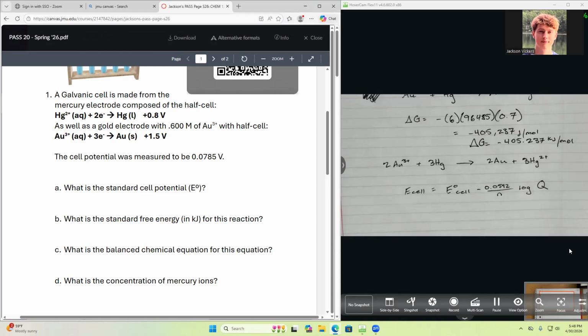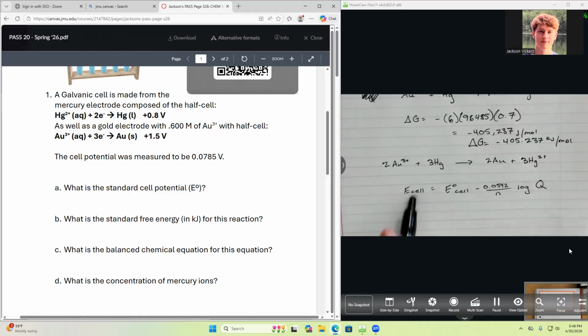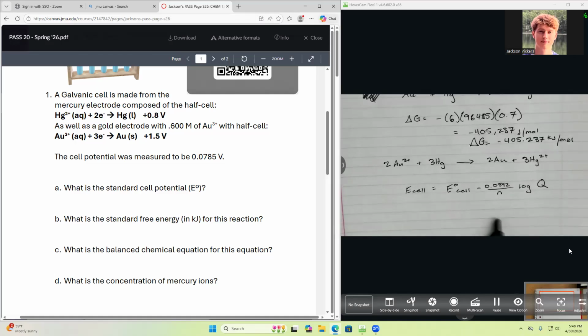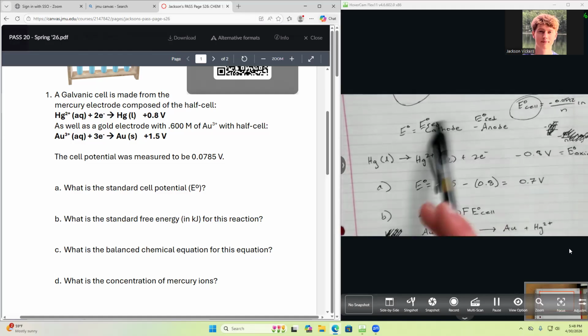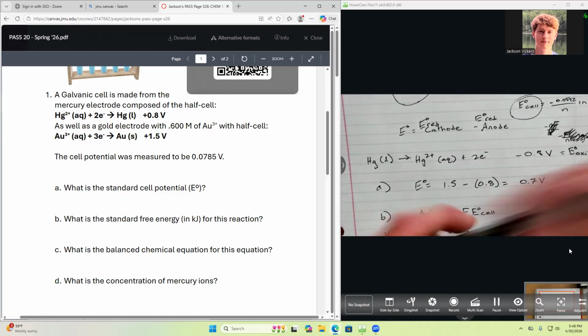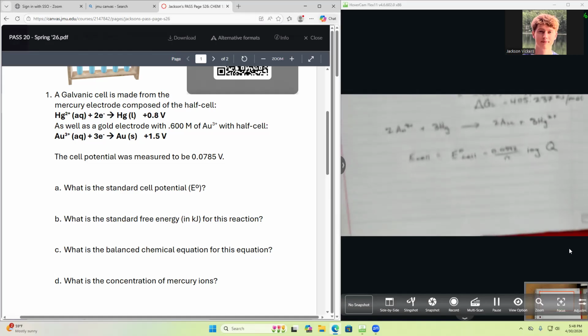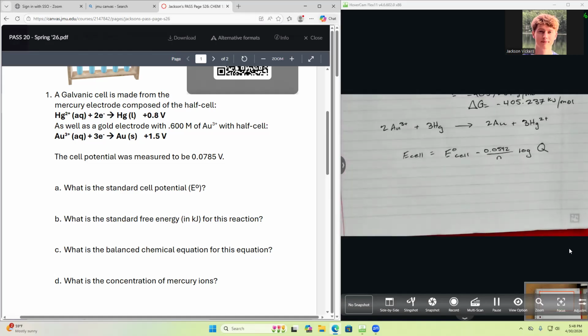This is how I would do it. I think this is way more likely. And again, I think you're way more likely to see this one than the other problem. And if it is an E standard, you're probably going to be able to do the cathode minus anode to get the standard cell potential.